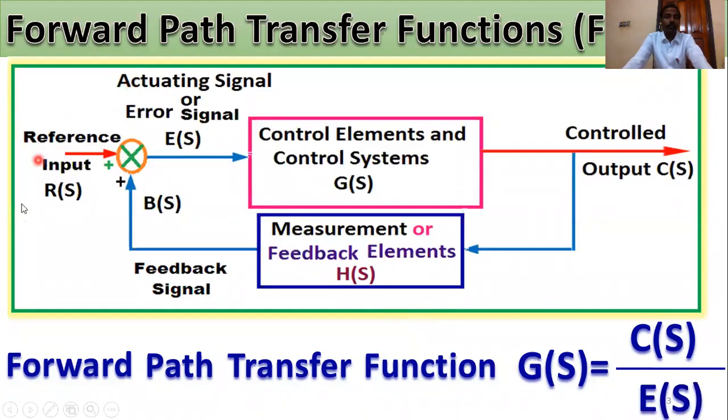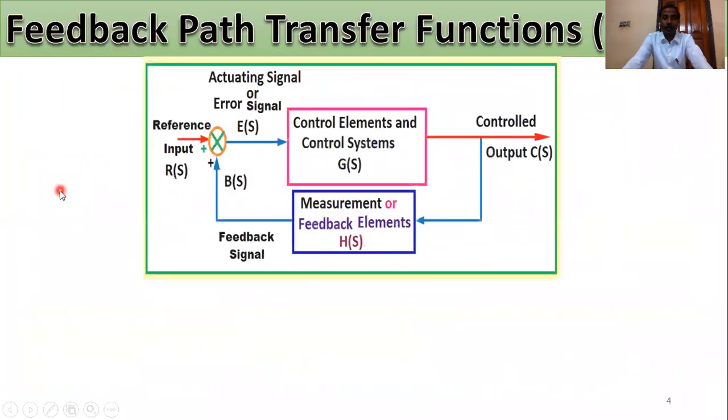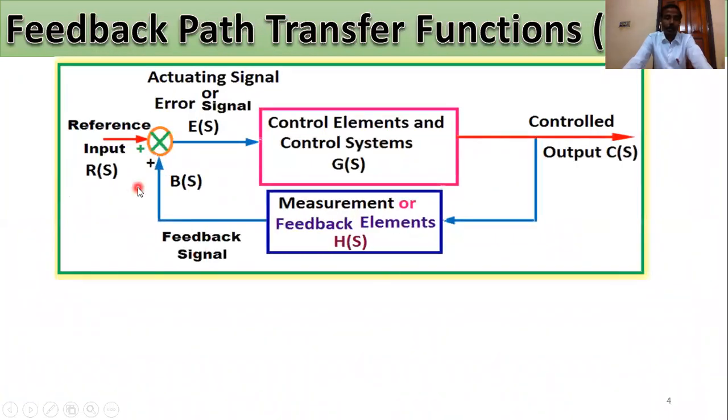Next, the feedback path transfer function. This is the positive feedback, and the feedback element equals H of S, where H of S equals the gain, B of S equals the output of the system, and C of S is the input in this case. So with C of S as input, the system transfer function is H of S, and the output is B of S. So what does H of S equal? The feedback transfer function H of S is equivalent to output by input.